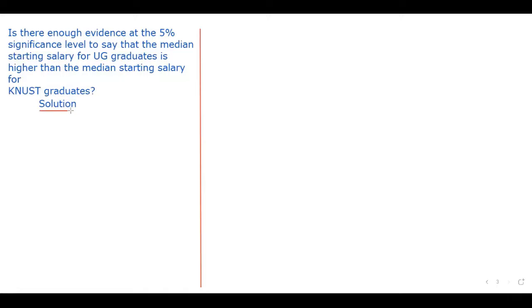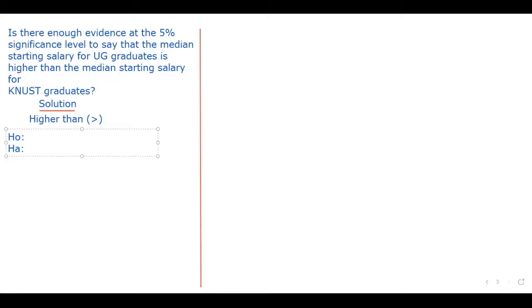Here they are saying, is there enough evidence that the median starting salary for UG graduates is higher than for KNUST? The keyword is higher than. What's the sign for higher than? Greater than. And the greater than is in which hypothesis? Alternative.